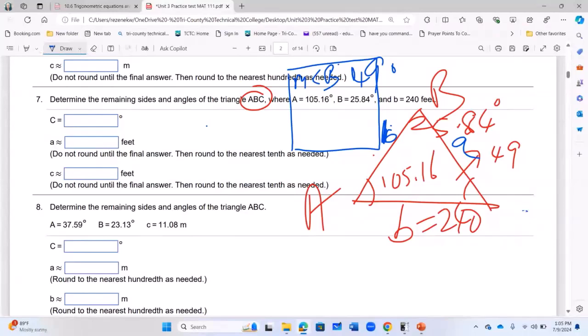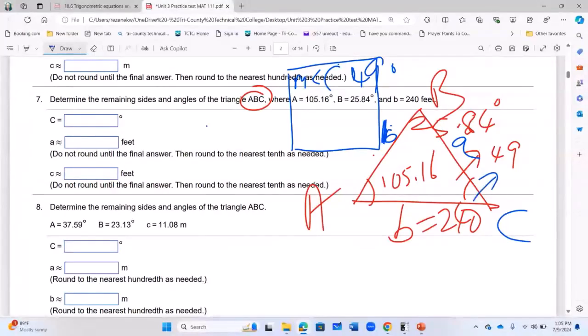All right. So B is 25.84. I want to make sure I write B with the way where it should be. And then they did not give me C. So the measure of angle C is 49 degrees.